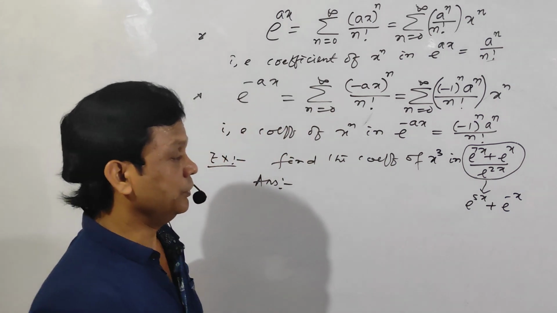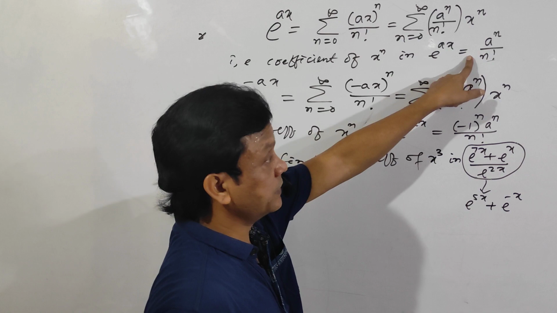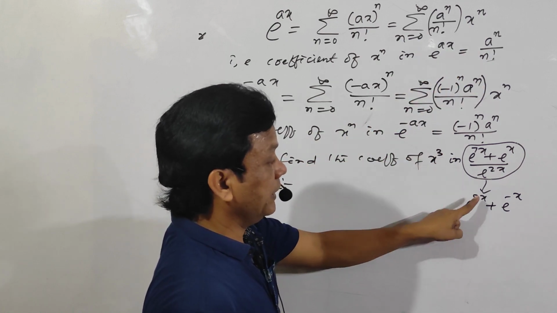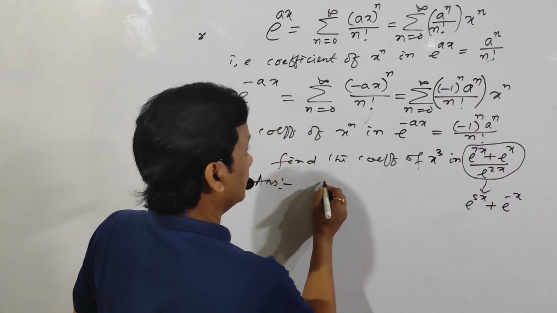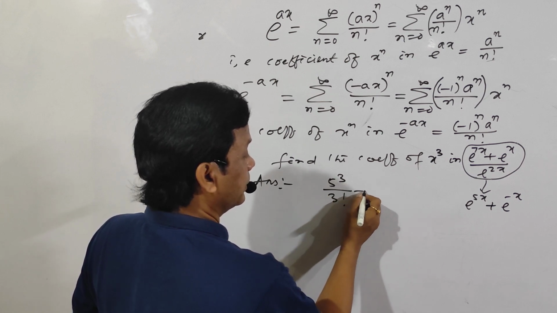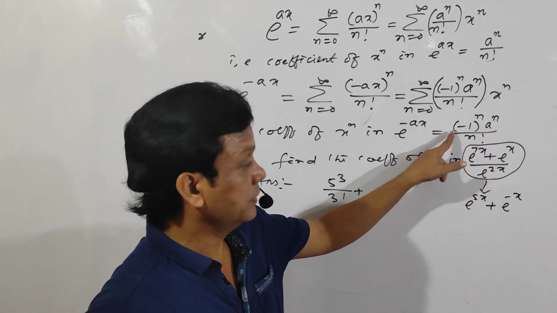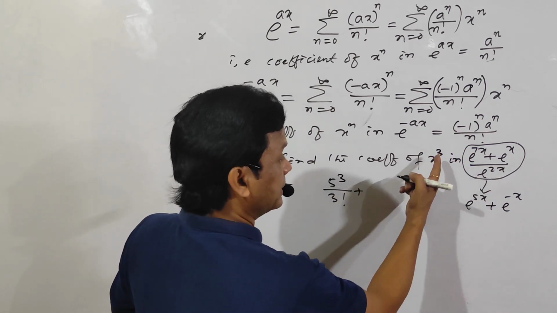So now you have got the formula. So what is your answer? For this one, apply the first case. n is 3 and a is 5. So apply 5 to the power 3 divided by factorial 3. First one is over. And for the second part, apply the second formula. Minus 1 to the power n. What is n here? 3.